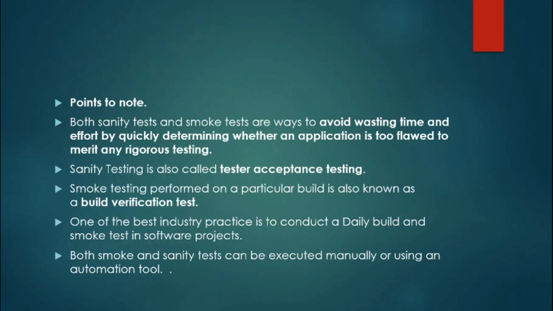For example, if you receive a build and it doesn't pass the sanity or smoke testing, and you start executing the regression testing, or you start executing test cases from the regression suite, then it is just a wastage of your time and effort. You can use that effort to execute some other story or perform testing of some other functionality.